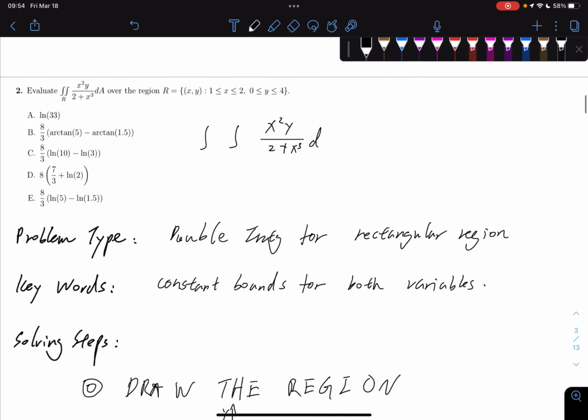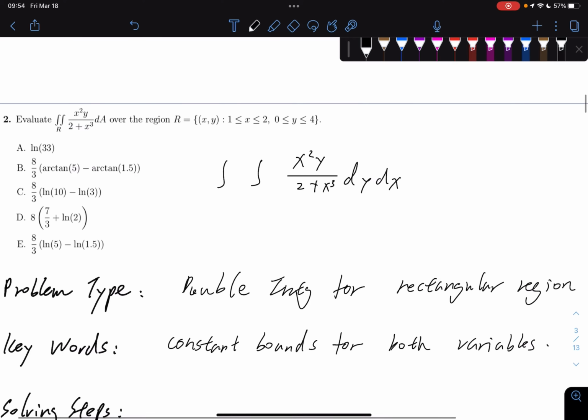I'm just going to go with dy dx, because it's pretty easy to start by integrating with y, since y is standing alone right here, and then I can evaluate the y integral first and treat it as a constant when integrating with dx. So let's do that.